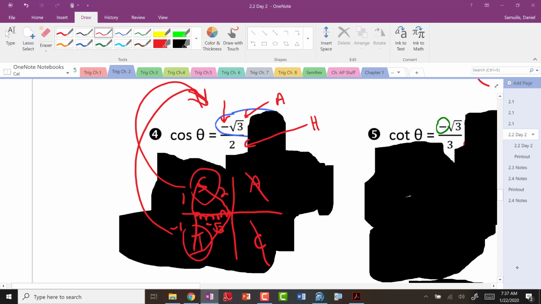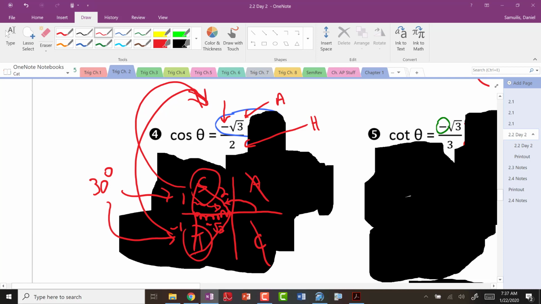Okay, so what angle is opposite 1 in a 1, root 3, 2 triangle? It's 30, all right? And then, unfortunately, the answer is going to reveal. So you have a 30 in quadrant 2 and quadrant 3. So if this is 30, what's this angle measure?